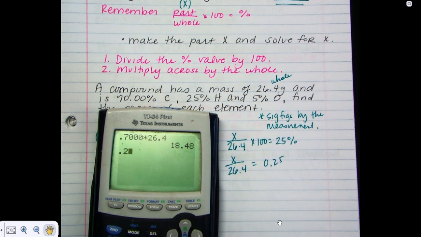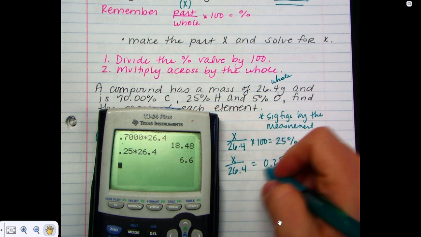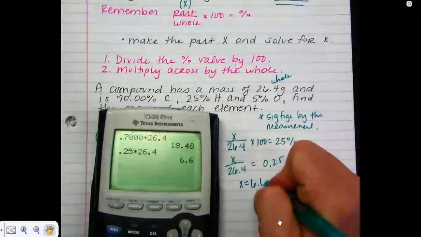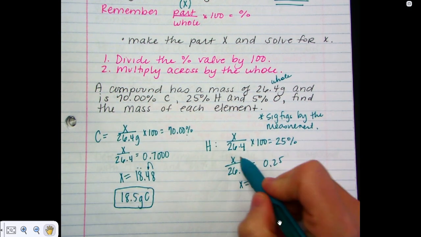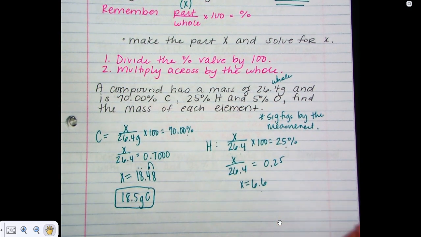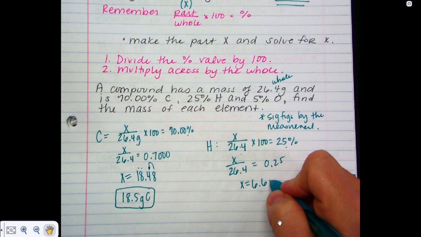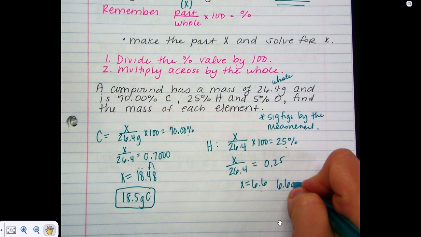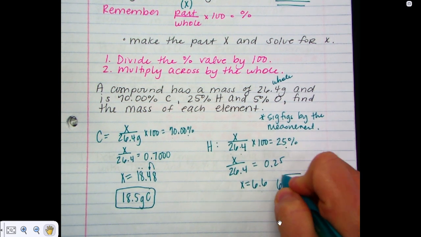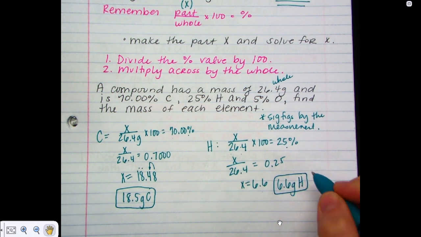All right, 0.25 times 26.4 is going to give me x equal to 6.6. Now check my sig figs. I had 3, I have 2, this is 2. Oh, I'm good. I don't even have to redo this one. So 6.6 grams of hydrogen. Remember, unit and substance, unit and substance.